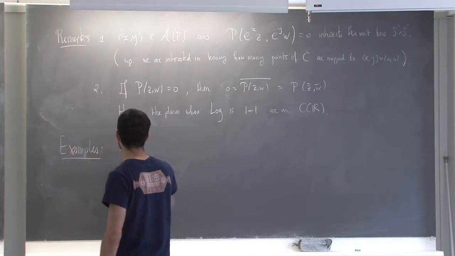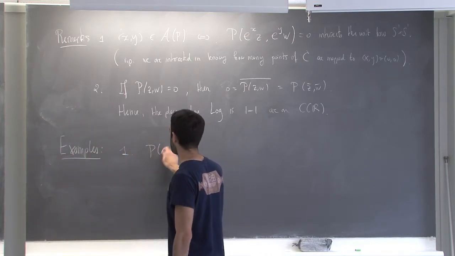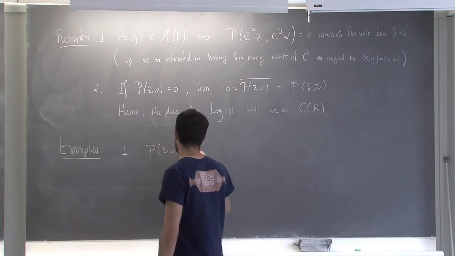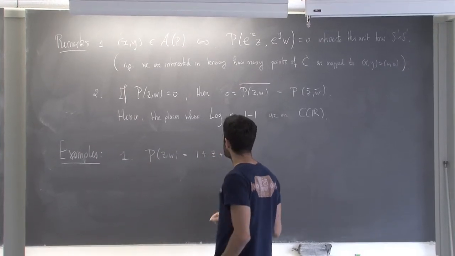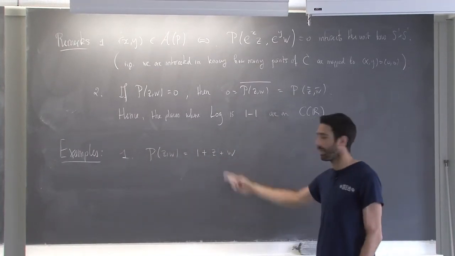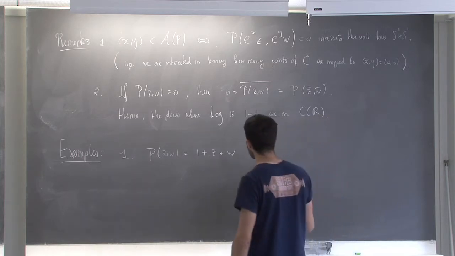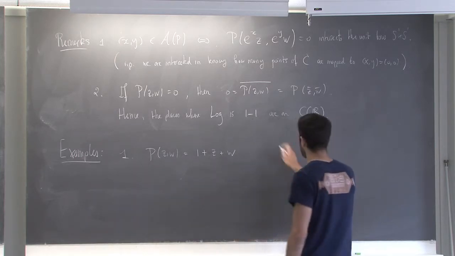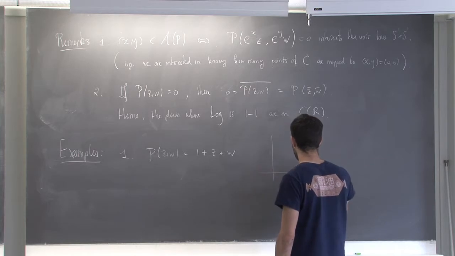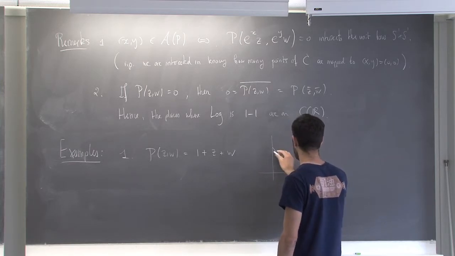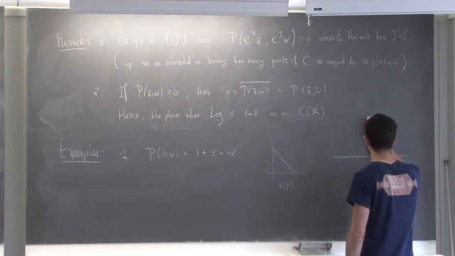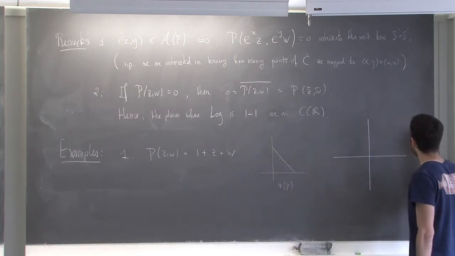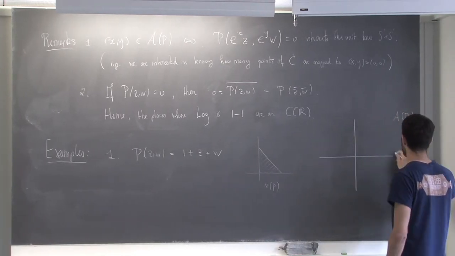So let me make a couple of examples. Obviously, I'm always going to take the same ones. But for this to be a little bit easier, I'm just going to set the weights to be equal to 1. I'll just remind you what the Newton polygon is in this case, and I want to sketch the amoeba in this case.